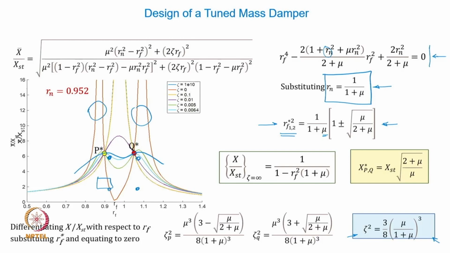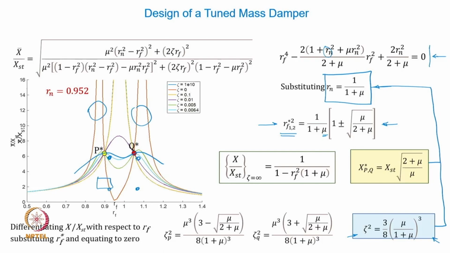So in a nutshell, what we have seen is that, leaving aside all these derivations, there are these two or three important expressions that are necessary for the appropriate design.